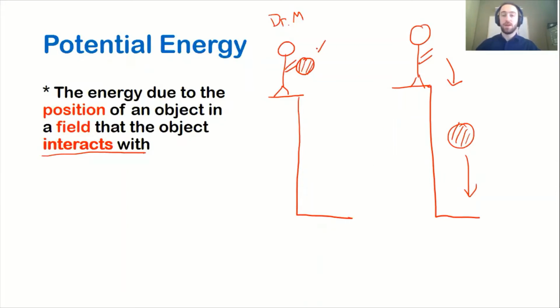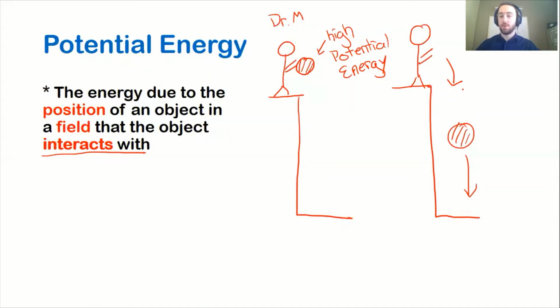So at this point, in our first picture, the ball has high potential energy. And we say potential energy because it has the ability to do work. It has the ability to convert its energy into kinetic energy.